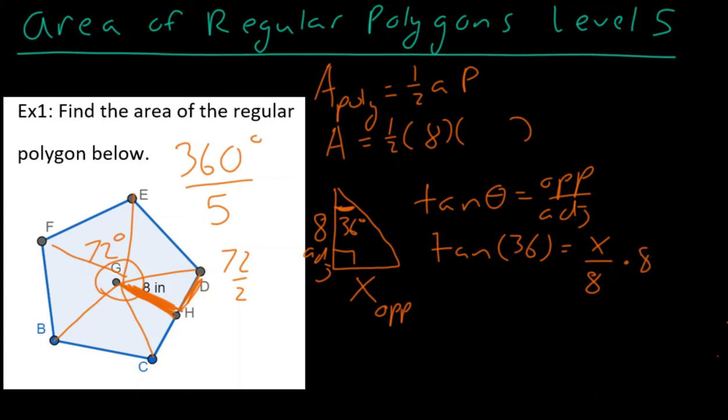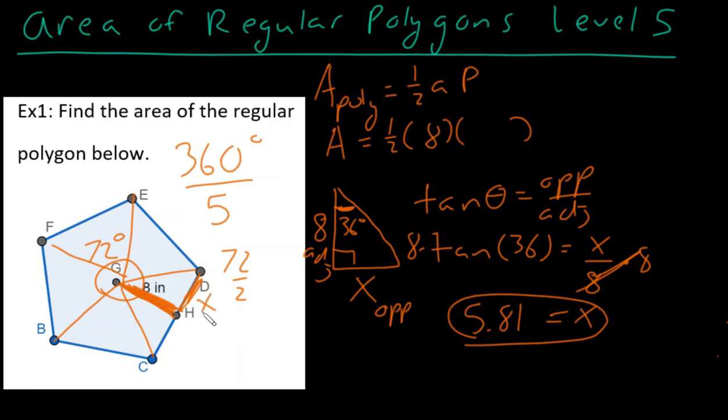So times 8, and once those cancel, we have x already by itself. So what is 8 times the tangent of 36? If you use your calculator, you would find it is 5.81. And that is our missing value of x.